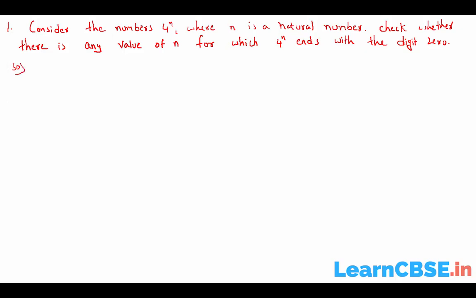Now he's asking that consider 4 power n, n is a natural number. That means for any value of n, will 4 power n end with digit 0. That means 4 power n should be a multiple of 10. Say 4 power 1, 4 square 16, 4 cube 64.